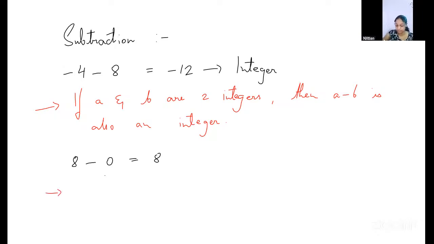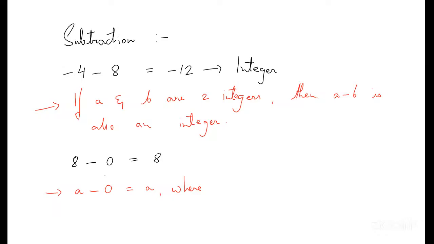A minus 0 equals A. So when from any integer we subtract 0, we will get that integer itself, where A is any integer. This is your second property.